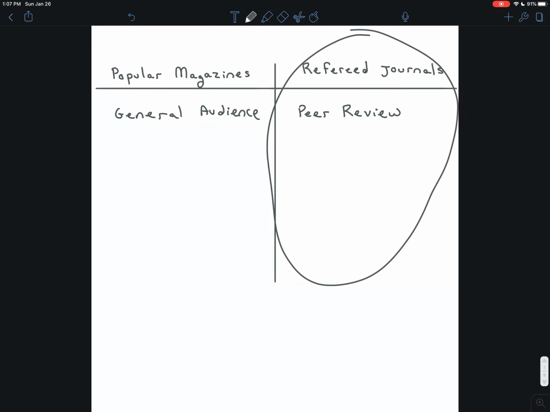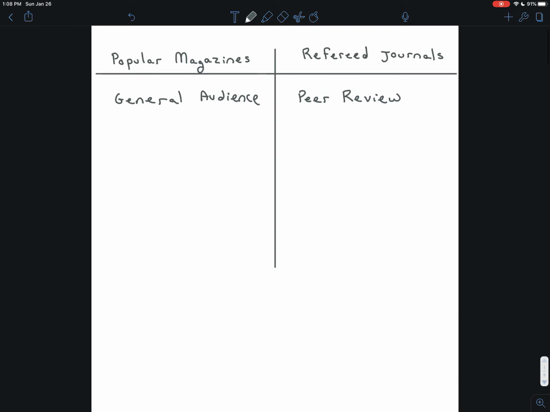Because these are being written for working scientists, articles published in refereed journals have a specific format. The format allows you to read the articles strategically, to not waste time, to jump to sections where you know you will find things. That's partly because it's so expensive to publish something in this.